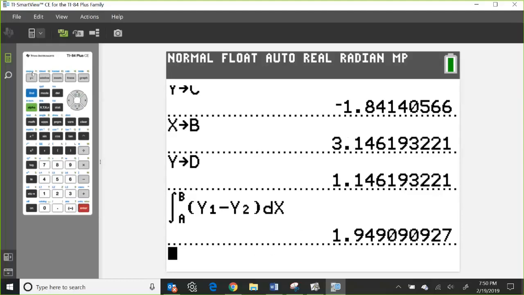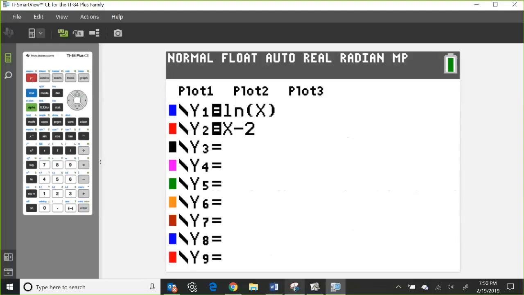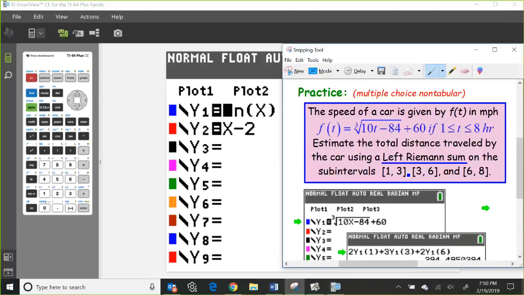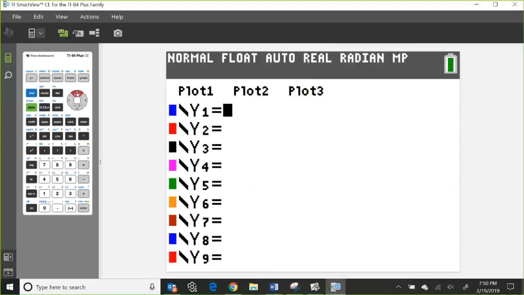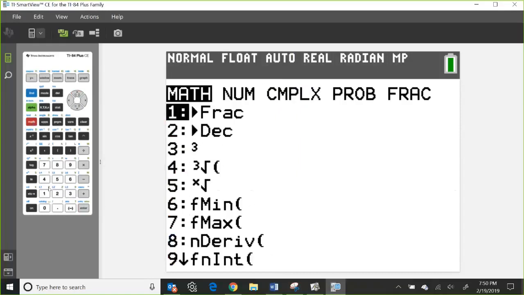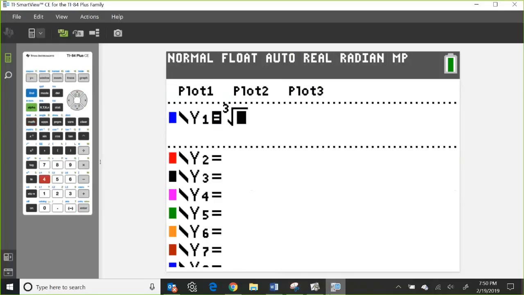All right, the second thing I wanted to show you was this particular problem, the cube root one, so that we could put it into the calculator with the y1. I'm going to clear these two out pretty quickly. And remember, cube root is under math, number 4, and that was 10x minus 84.